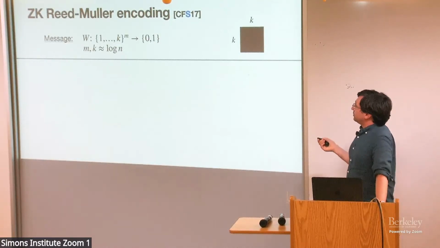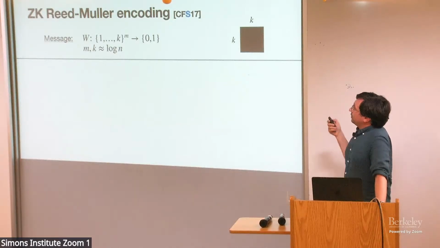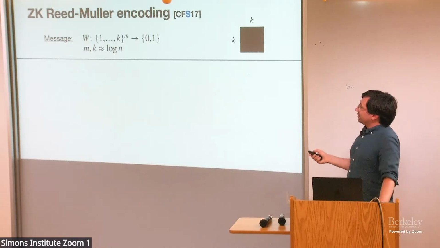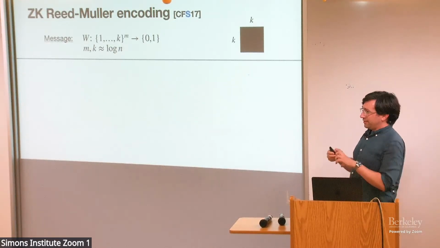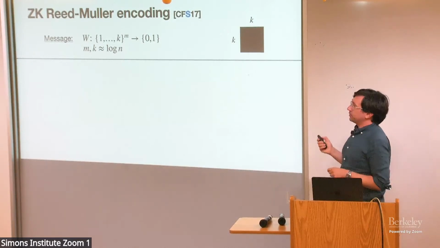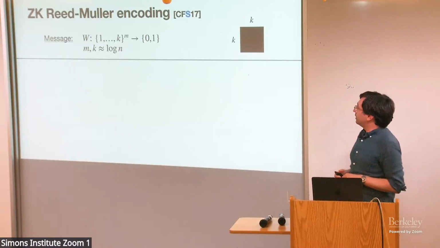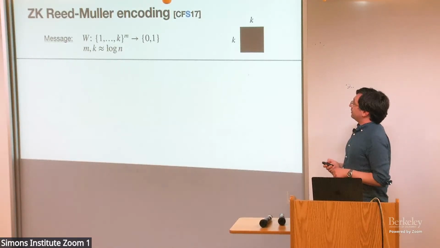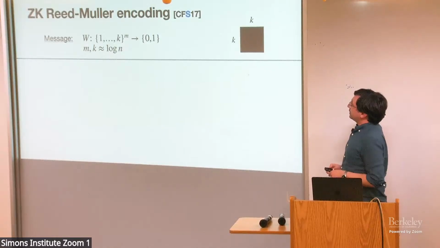So for this Reed-Muller encoding, we're going to think of the message as being a function from the hypercube with side length k and m dimensions to 0, 1. We just arrange things into a cube, and it's convenient to look at the message like that.